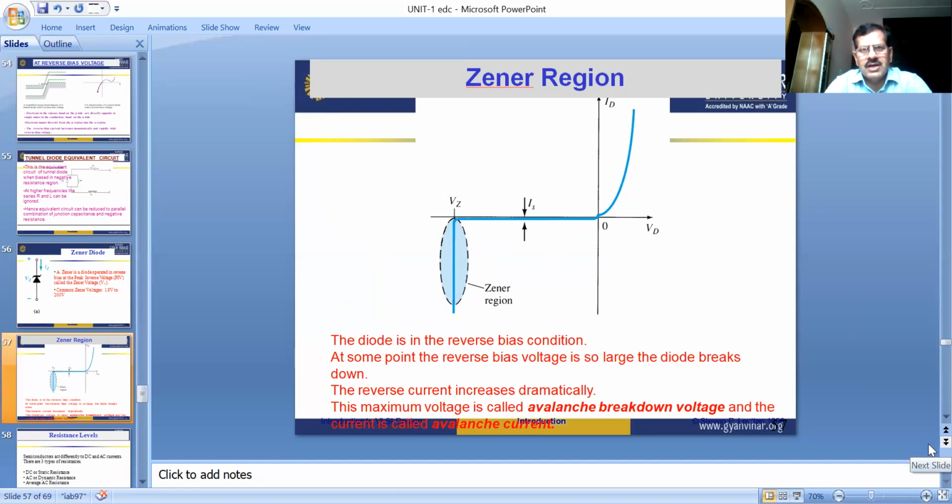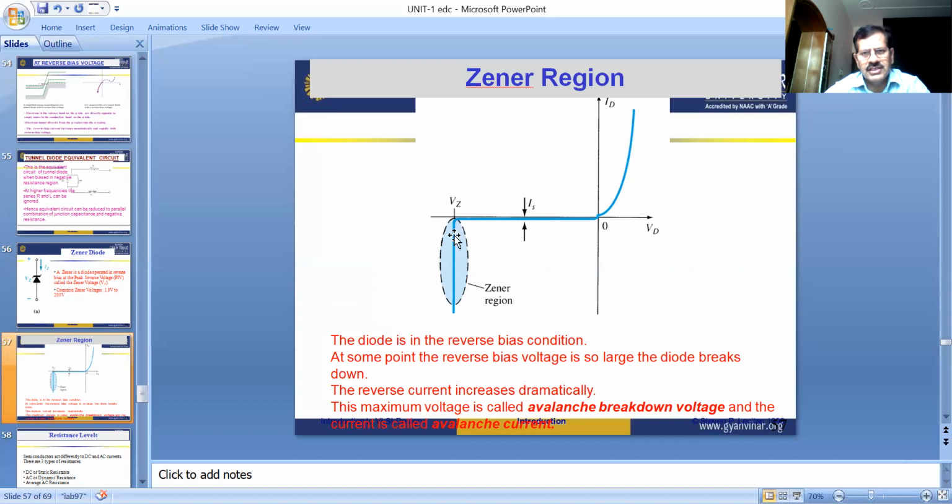Now we draw the characteristics of the Zener diode. VI characteristics means the graph between current versus voltage. Because we know that the Zener diode operates in reverse bias condition, here is the Zener region, because here is the Zener voltage.